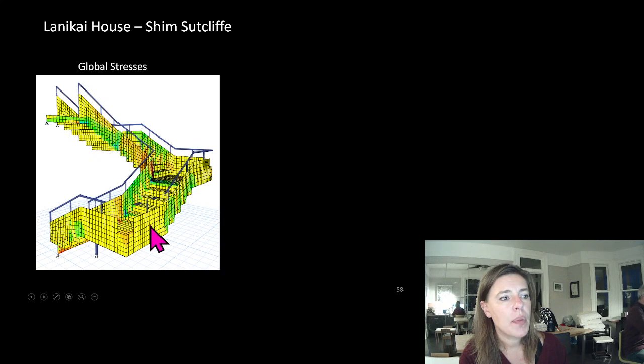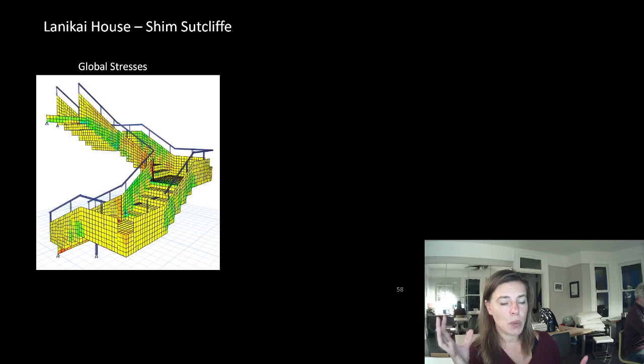The more you break it down, the longer it takes for the analysis to run, and the more complicated it gets to look and dig into the results. So part of engineering judgment for finite element analysis is this place between too much meshing and not enough meshing. And it's finding that reasonable zone in between.